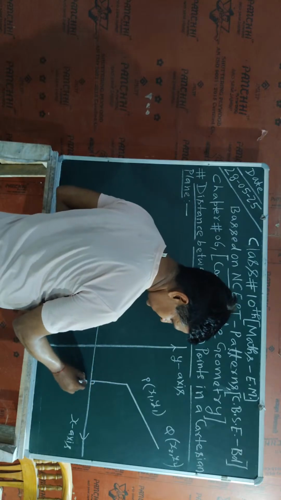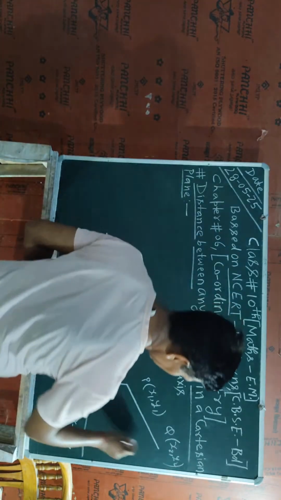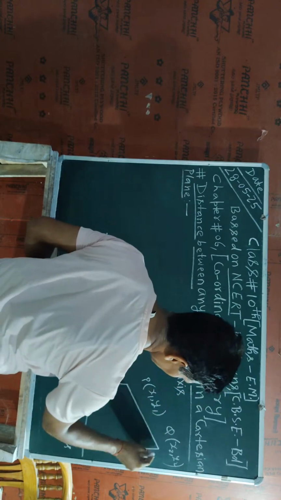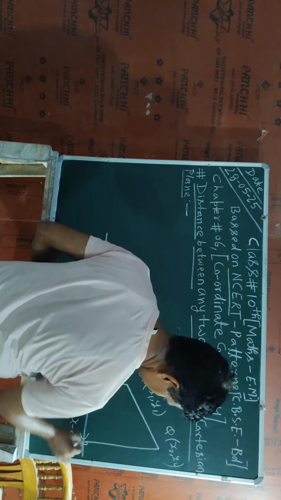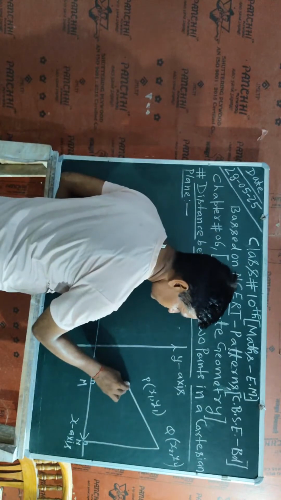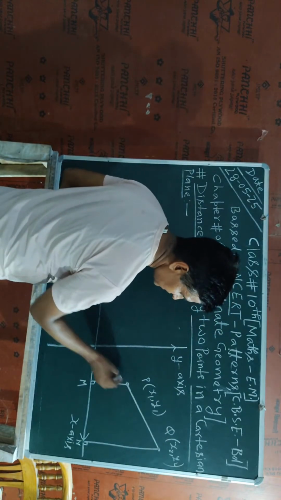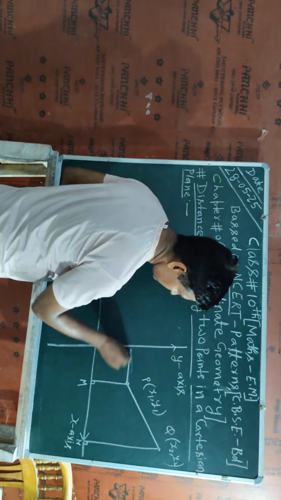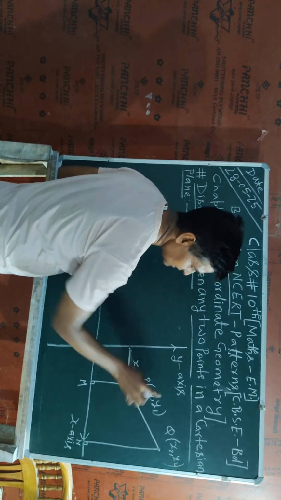You say this point will be M. And again you take a line which is perpendicular to the x-axis from the other point, and you call this point N. From this point, draw a perpendicular line from the y-axis, and its length will be x1, which is given in the point.